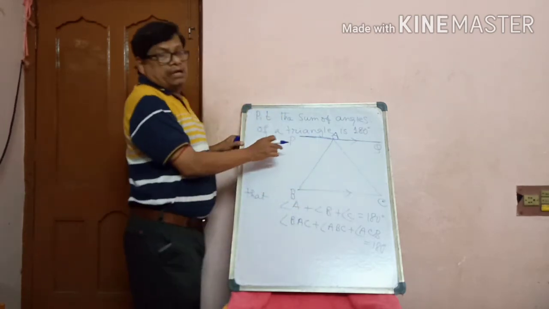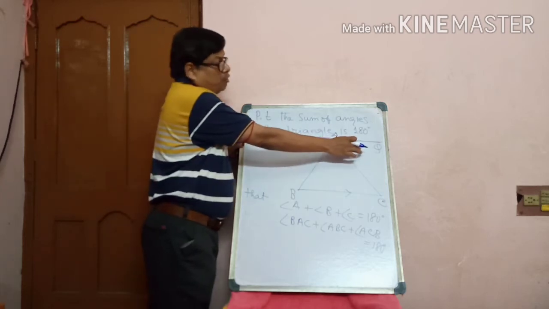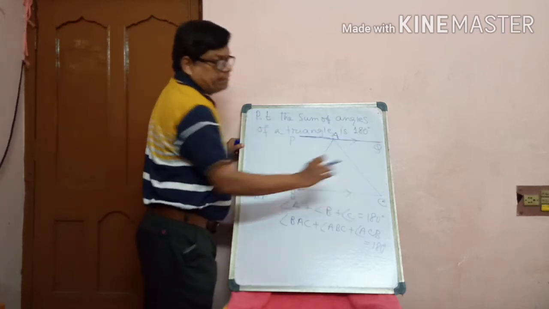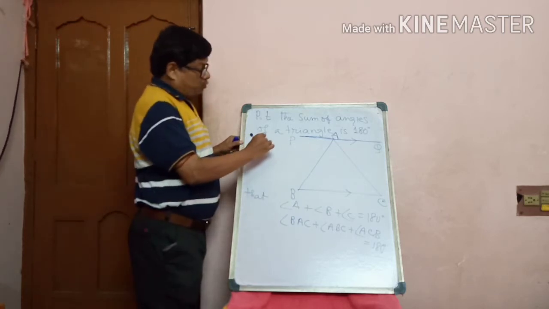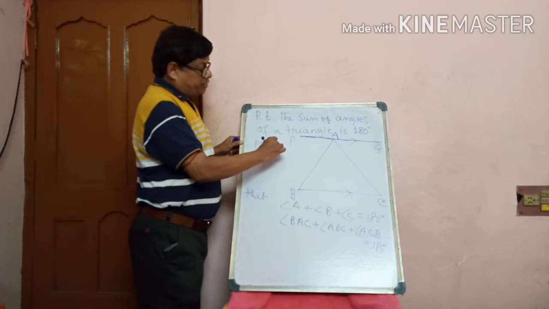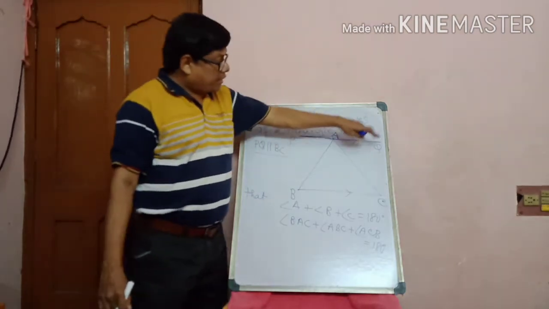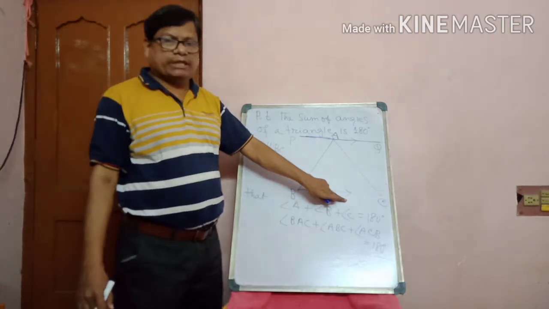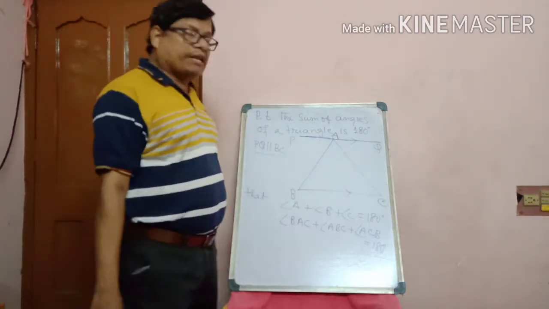Just note it down. Draw PQ parallel to BC. We have to draw PQ parallel BC. Understood? PQ parallel BC. So all of you know when two lines are said to be parallel.